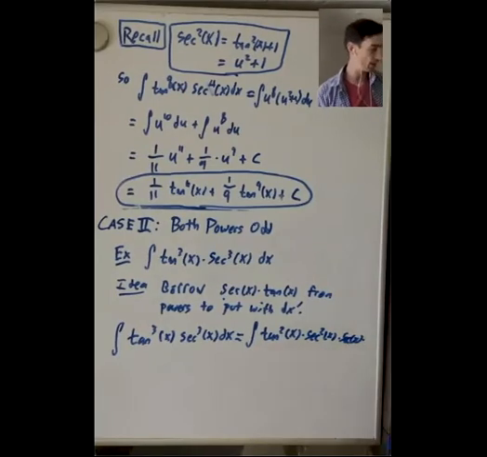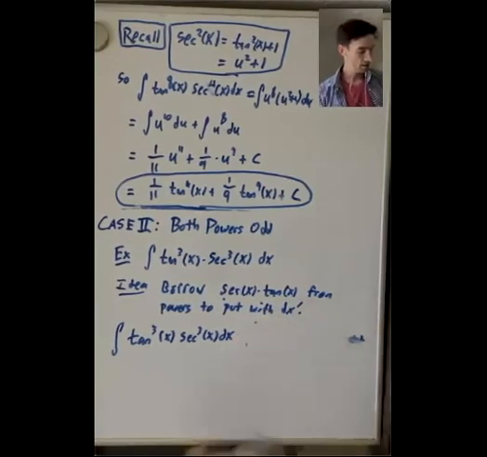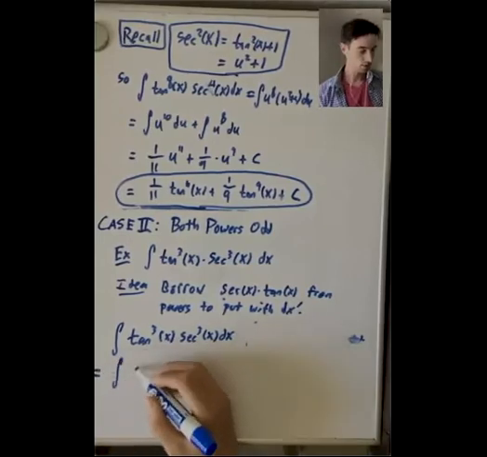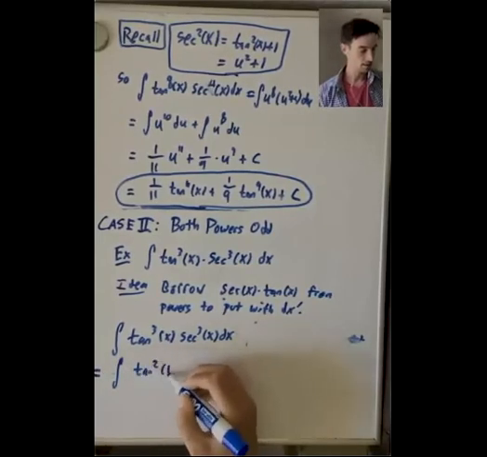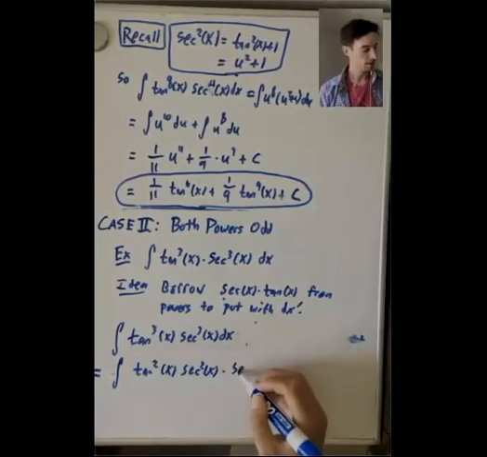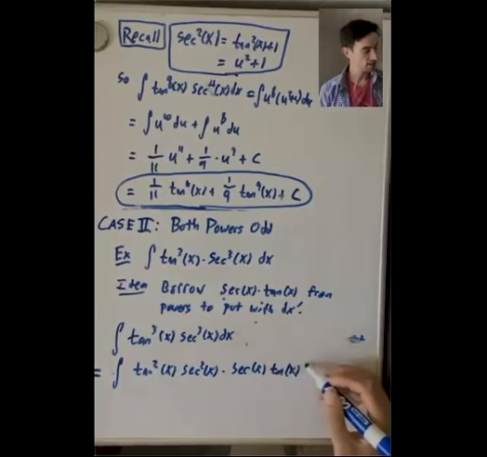Let me rewrite this where we have more space, that this is equal to the integral of tan squared x times secant squared x times secant x tan x dx.